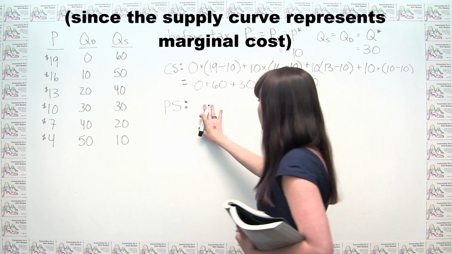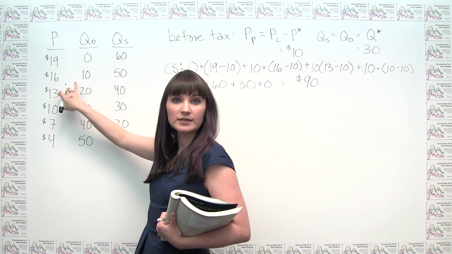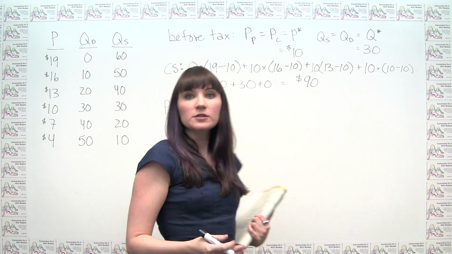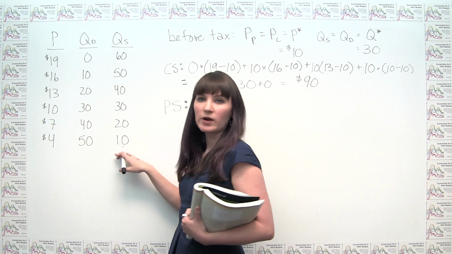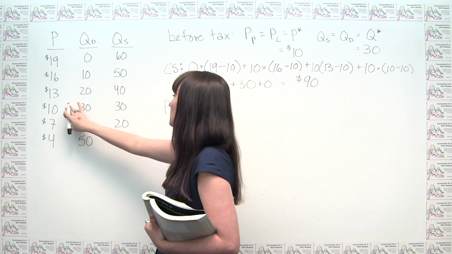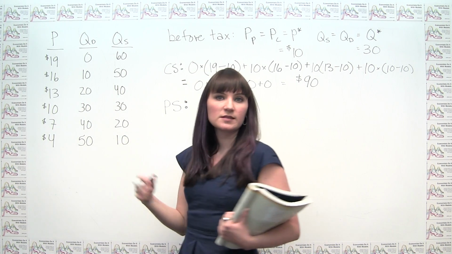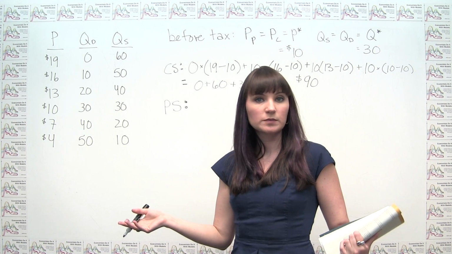So here, rather than starting at the highest price and working down, like we did with consumer surplus, it might be helpful to think about starting at this lowest price and working our way up. And again, we stop once we hit that market price because that's where the units stop getting transacted and we can't get any surplus on units that aren't bought and sold.